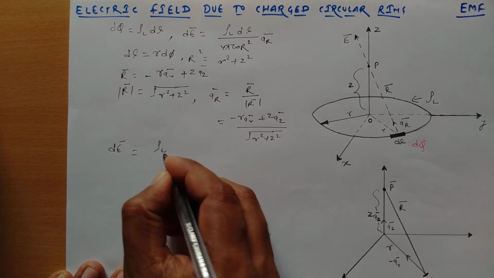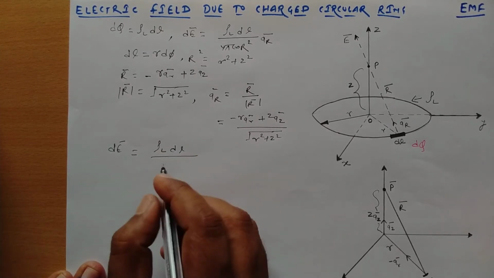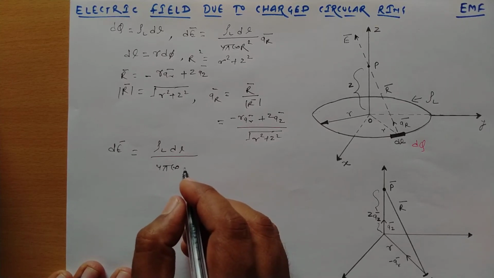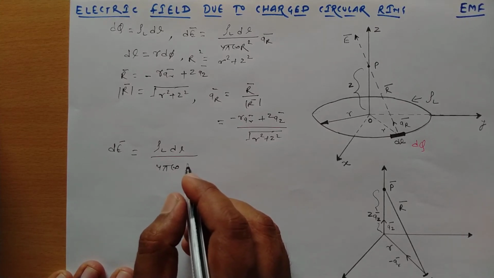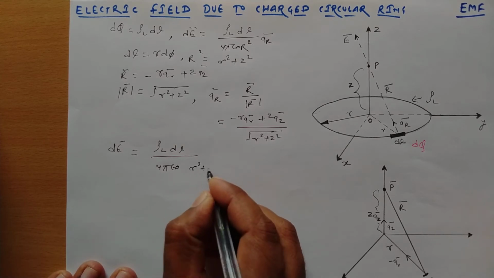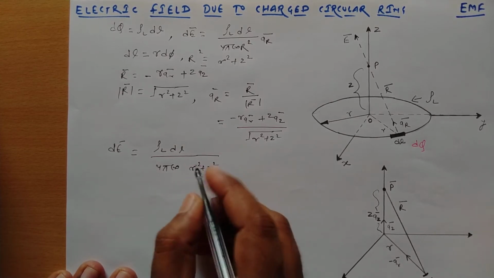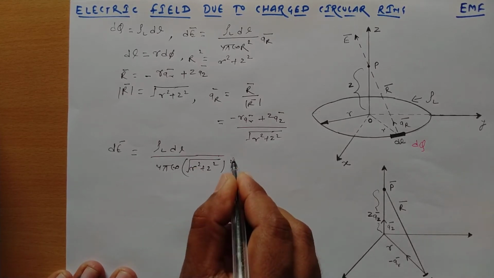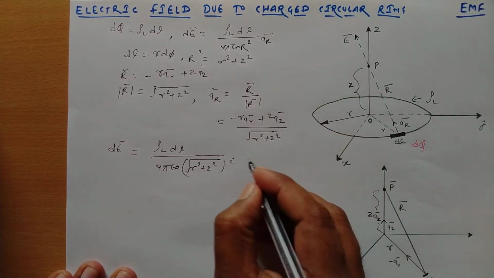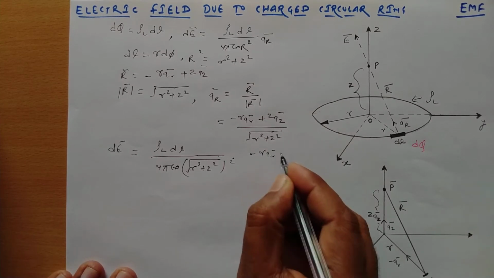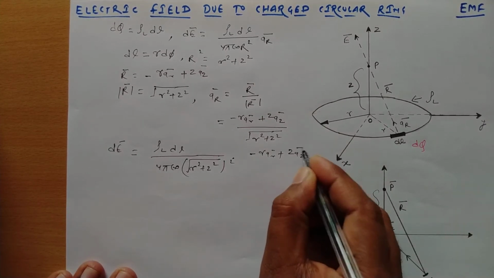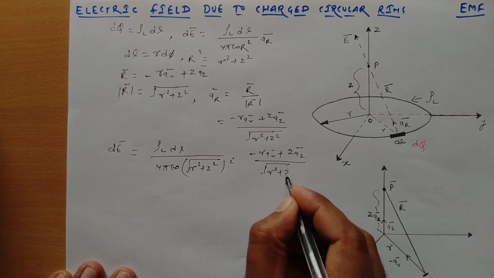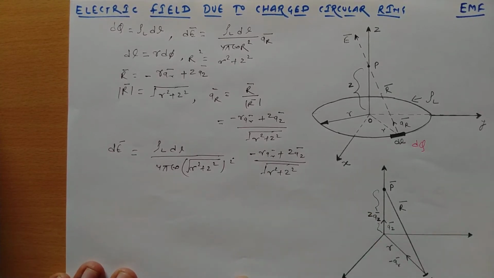So this becomes rho l dl by 4 pi epsilon naught, and r square becomes the square root of r square plus z square, whole squared, and the unit vector ar is given as minus r ar plus z az over the square root of r square plus z square.